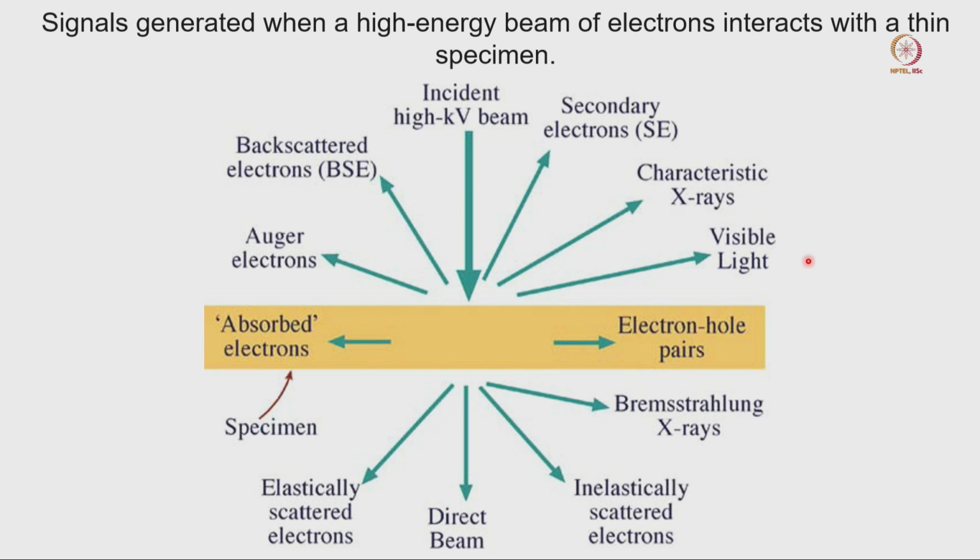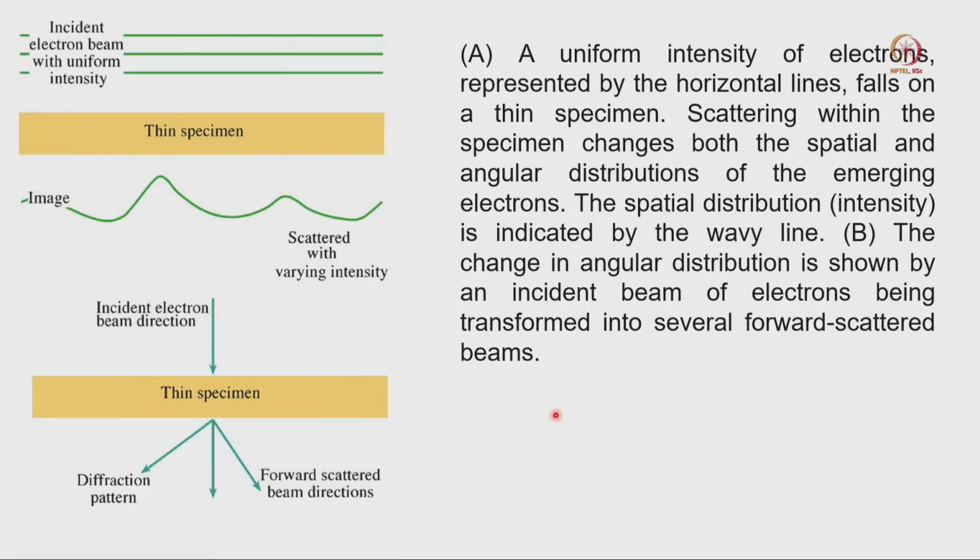We can use different kinds of attachments to record what kind of rays are coming out. From there we can figure out what components are present, but those things we mainly use for material science purposes, not for biological science purposes. For biological science purposes, the secondary electrons and back scattered electrons, and all these electrons are very important. So, we are going to discuss those things now.